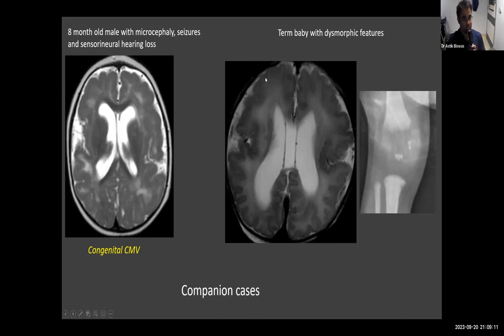This baby had dysmorphic features, so underwent an AP knee X-ray, which showed this stippled appearance of the epiphysis, which allowed us to make a confident diagnosis of a peroxisomal disorder. And in this case, it was Zellweger syndrome.